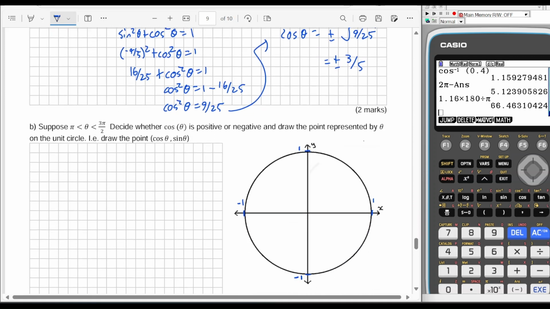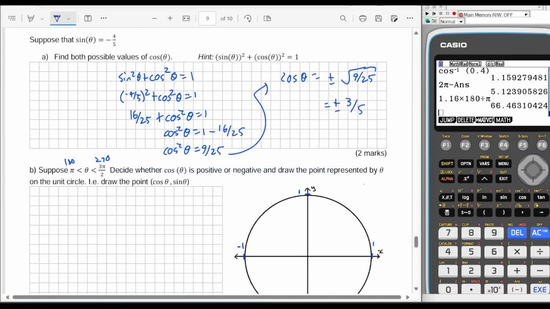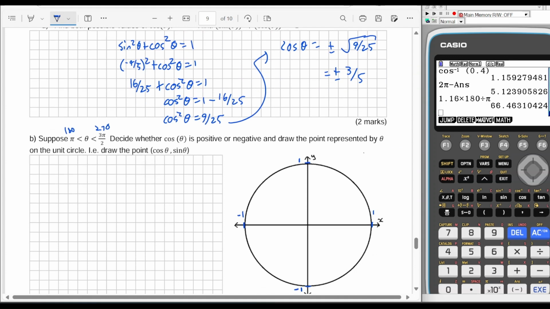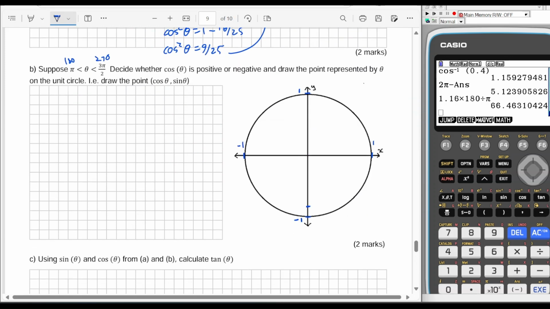Now it's given us an angle range. If you convert it back to degrees, that is 180 there and 270 there. So whether it's positive or negative for cos, the answer is it is negative because we're down in the bottom left. So sine was minus 4/5, so that's it there.